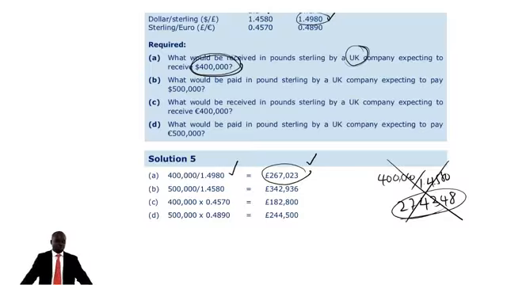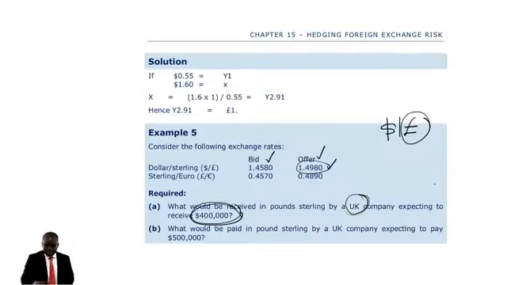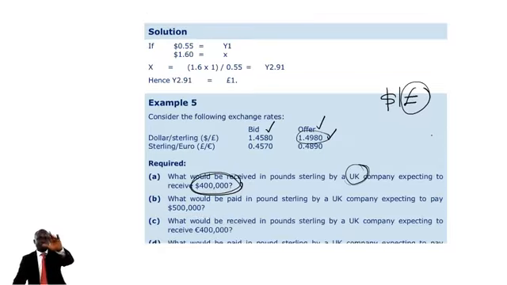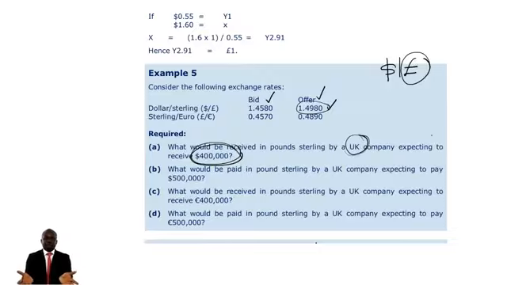The moment you open the door, what is the bank manager telling you? Because the quotation is dollar/pounds, his base currency is the pound. He's going to tell you, we buy pounds at the bid, we sell pounds at the offer. I went there with pounds. What is he going to do to the pound? He is taking it from me. He is buying it. Therefore, we have to bid it.